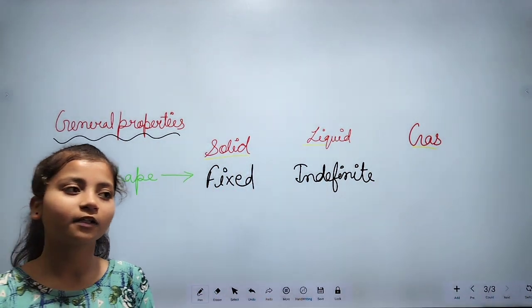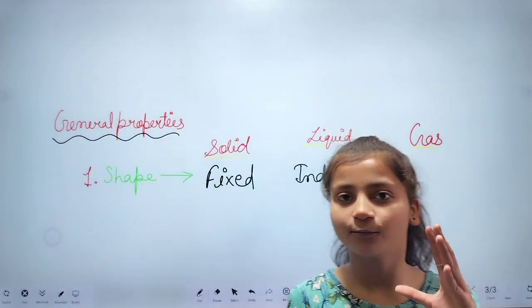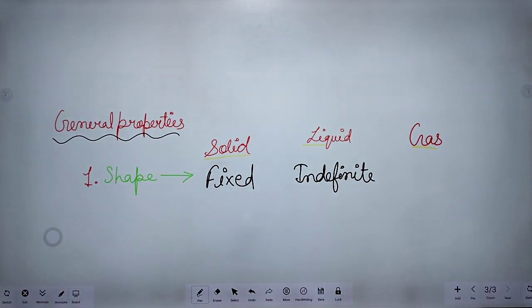Because if we put water in glass, it takes the shape of glass, and it is not only water, any liquid, whether it is juice, water, or cold drink, anything, if we put it in a bottle, it takes the shape of bottle.